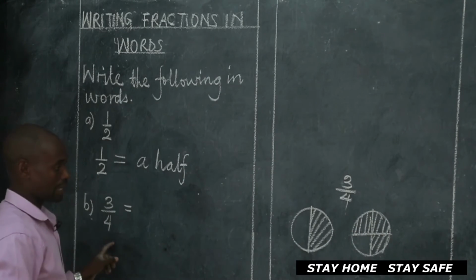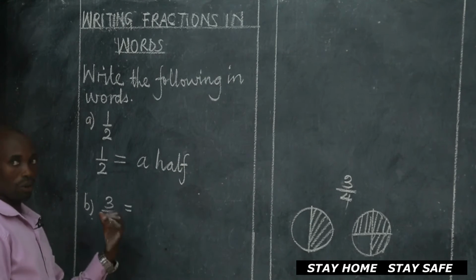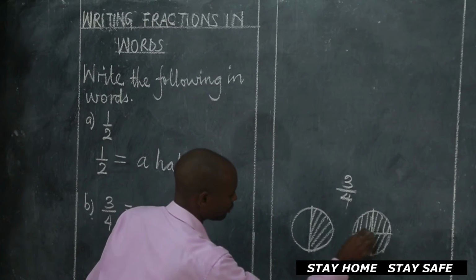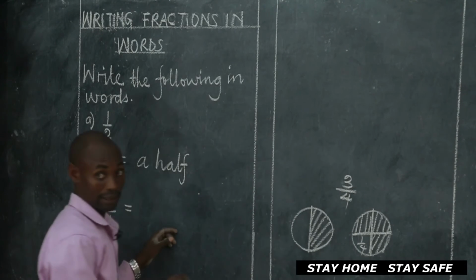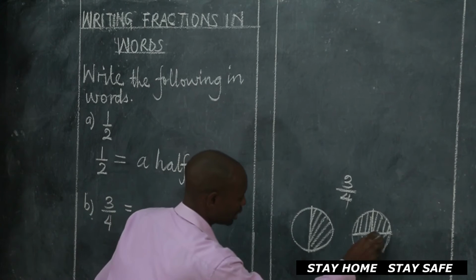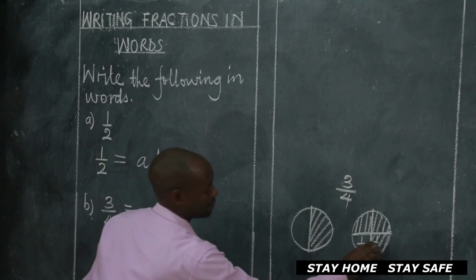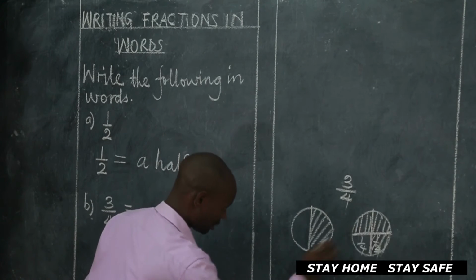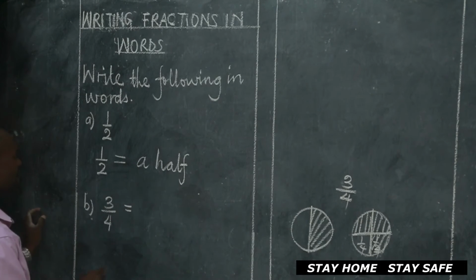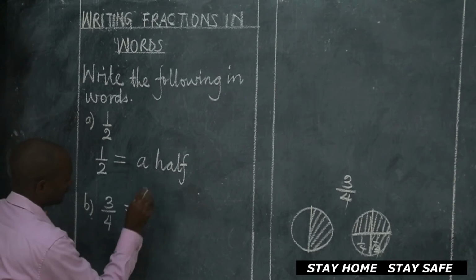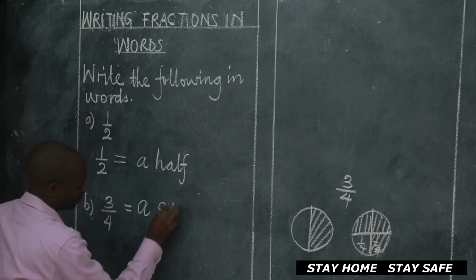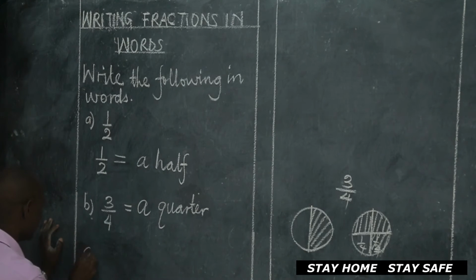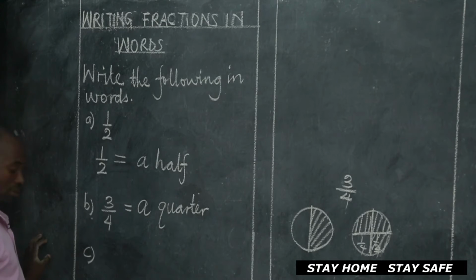So if it is 1 part out of 4, this one is a quarter. If there are 2, they become 2 quarters. If there are 3, they become 3 quarters. Therefore, this one is going to be 3 quarters.